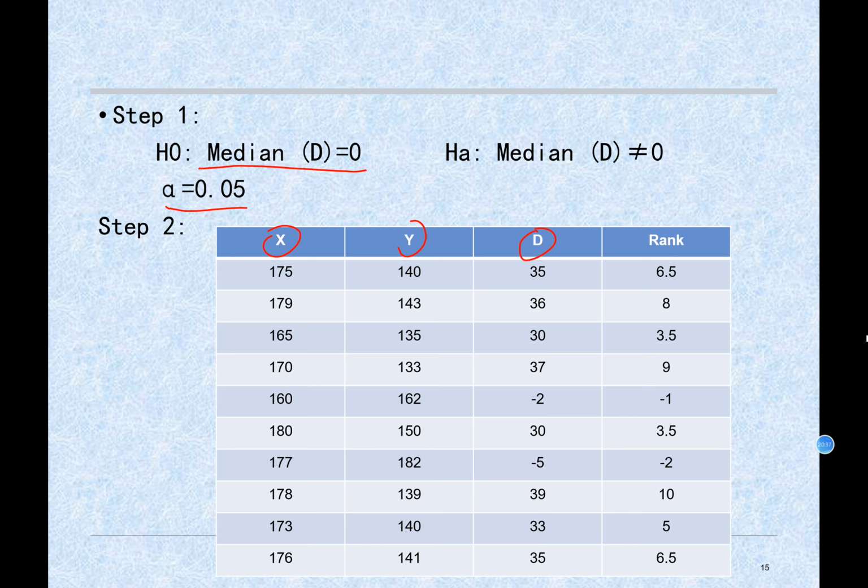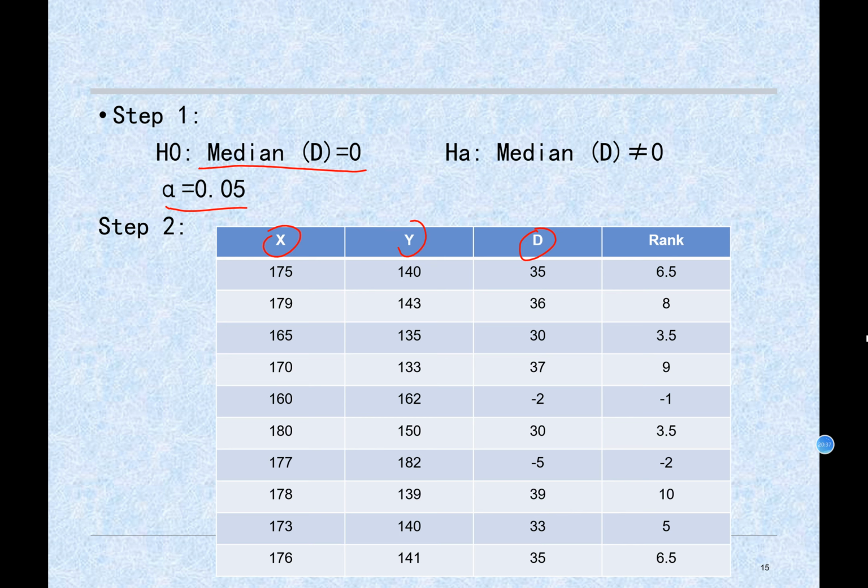And the third one is 30, but we can find there are 2 numbers of 30, so they are ties. They have the same rank, and in theory, these 2 numbers should be ranked number 3 and 4. So here we use the average of the 2 ranks.